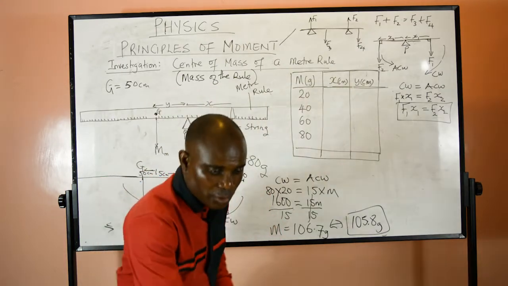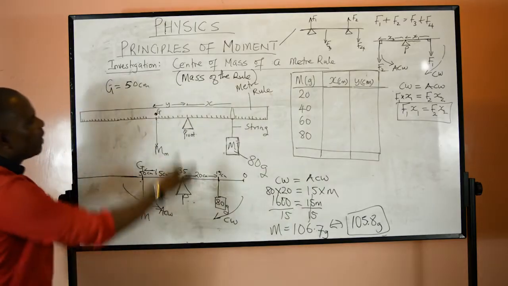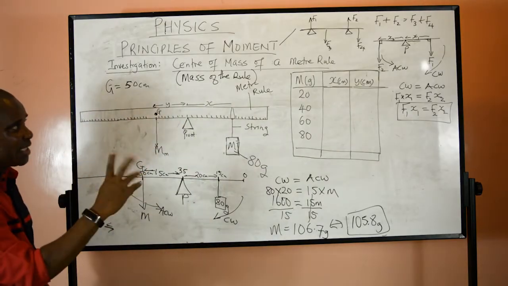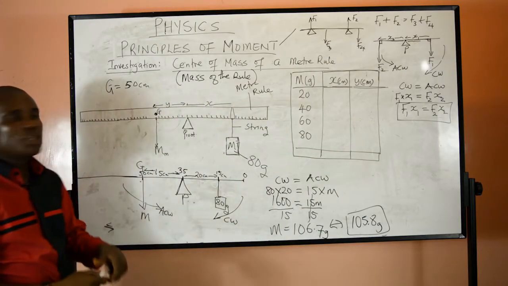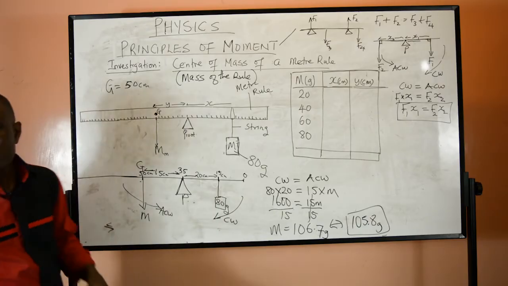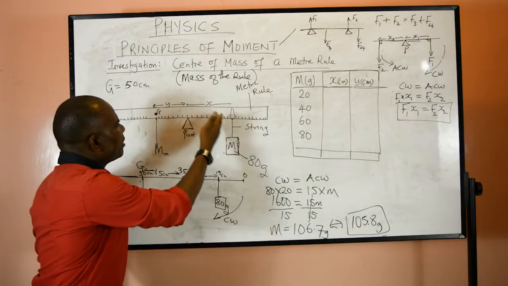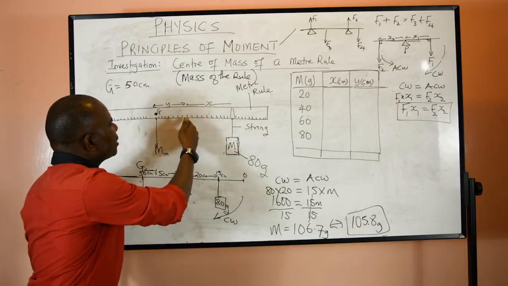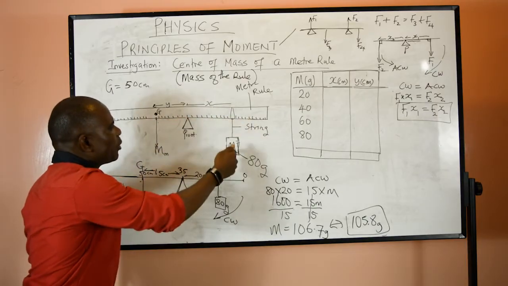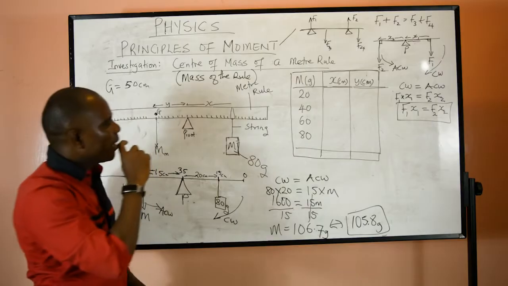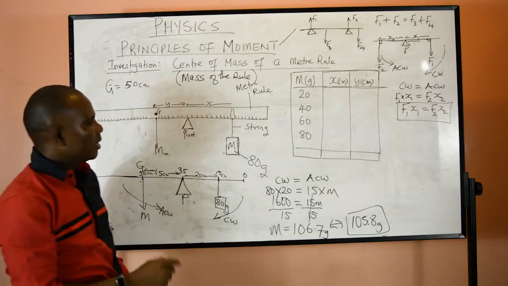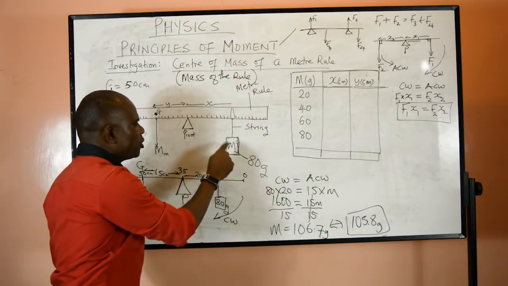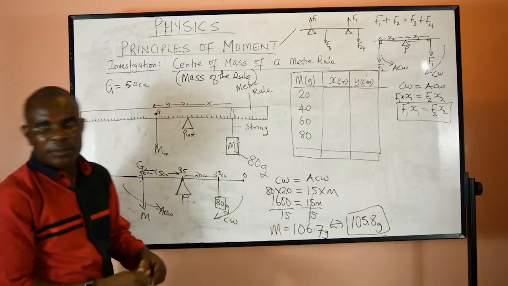So let's proceed a little bit. Now we want to proceed with the same experiments. I have a couple of relationships I want to establish here. I want to see what will happen to the distance between the pivot and the balance point if I fix these masses at 15 centimeter, and then change the masses.